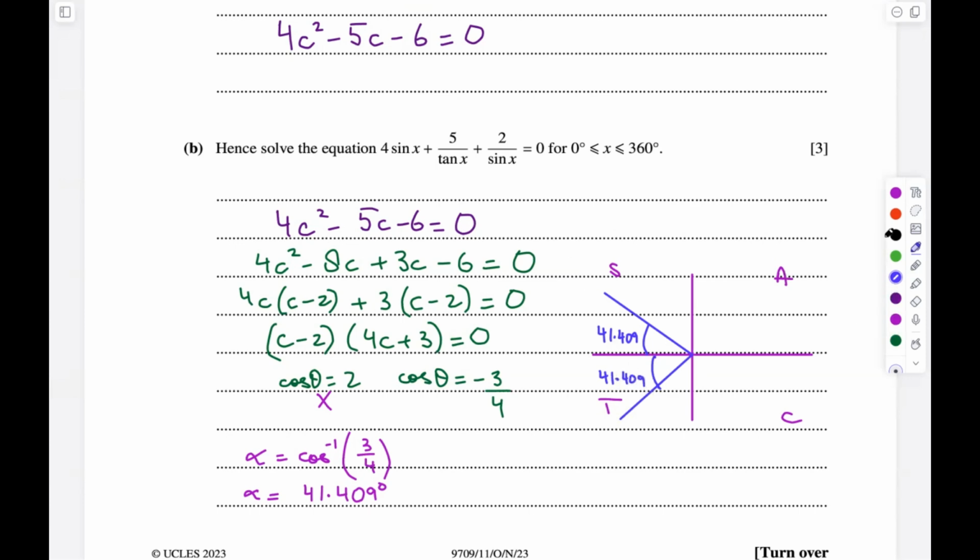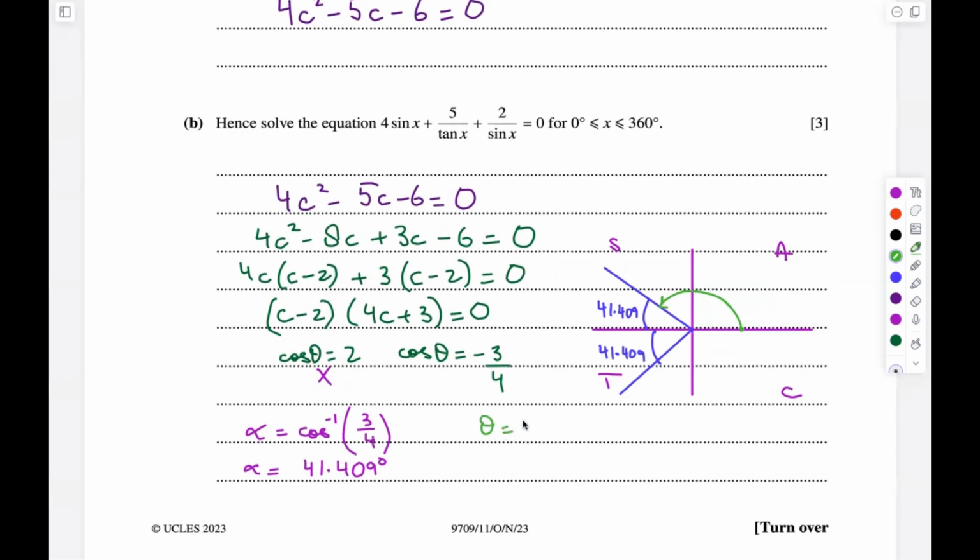To find x, we'll measure the angle anti-clockwise from the x direction. So the first answer will be 180 minus 41.409, and the second angle will be 180 plus 41.409.